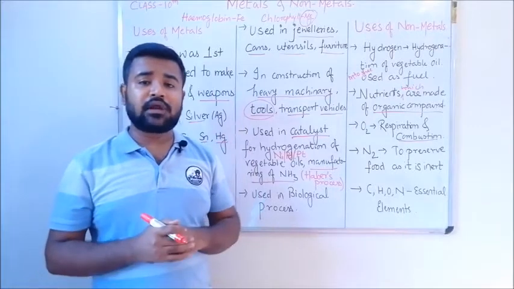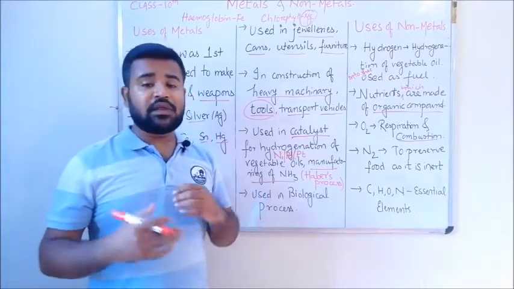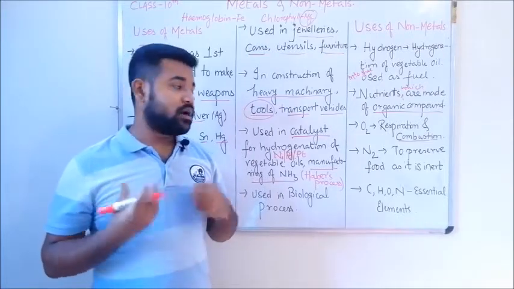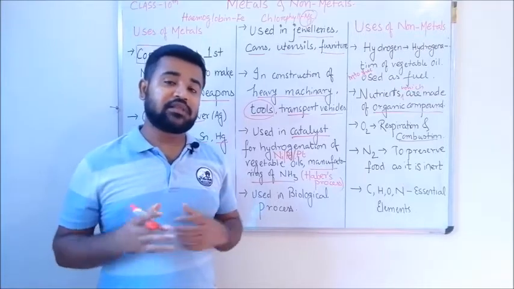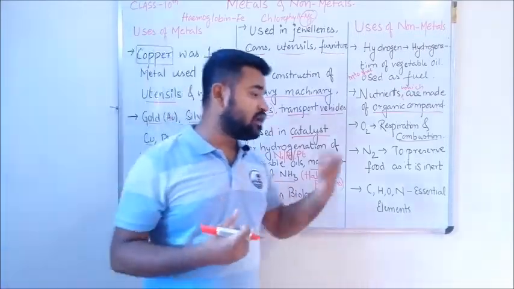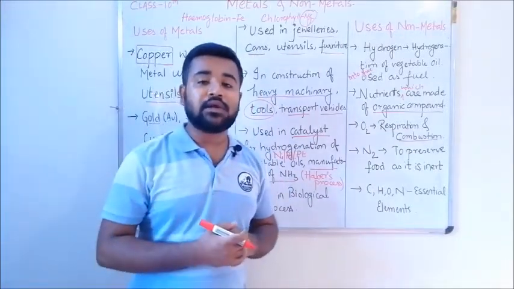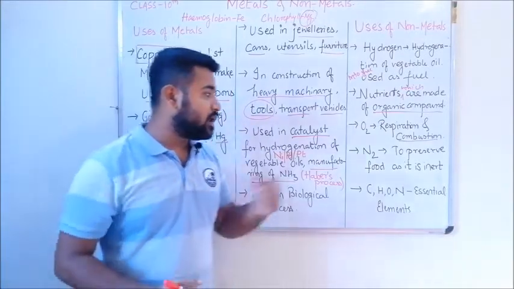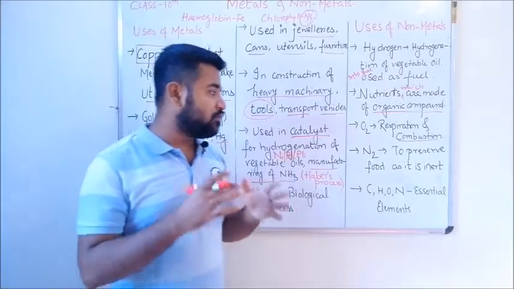In rancidity, due to the aerial oxidation of oily and fatty food, it gets rancid and gives a foul smell. But the chips packets are flushed with nitrogen, because nitrogen has an inert nature, it does not allow the food to undergo rancidity. So that's why N2 is very much essential for the preservation of food.